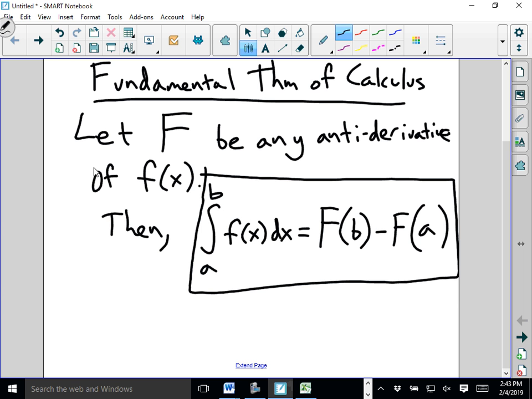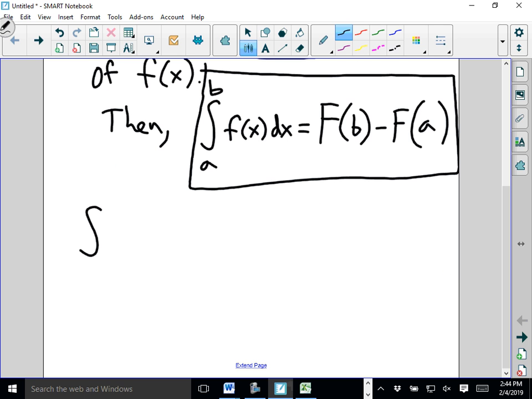I want to talk about another interesting word in here, which is the word any. We know from solving indefinite integrals that there are infinitely many antiderivatives for a function, and we account for that by doing plus c. Just as a reminder, when I'm evaluating an indefinite integral like this, this is a power rule, so I would bump and divide.